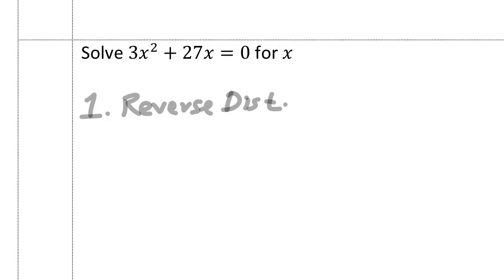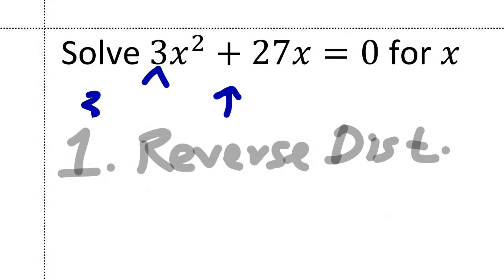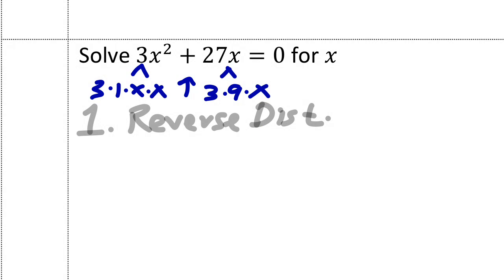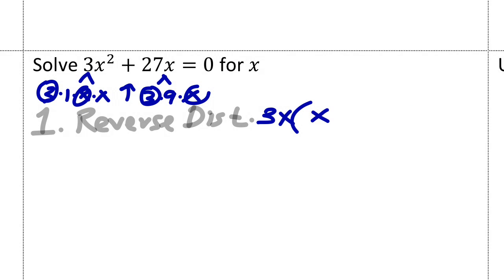So looking at this problem, I can see that I definitely need to reverse distribute because I have 2 terms separated by addition. That's not what I want. So I'm going to reverse distribute this. This is 3 times 1 times x, and here we have 3 times 9 times x. So hopefully right now you can see what we need to take out, 3x, and what we need to keep in, x plus 9.